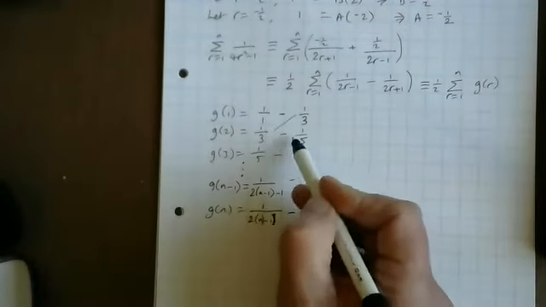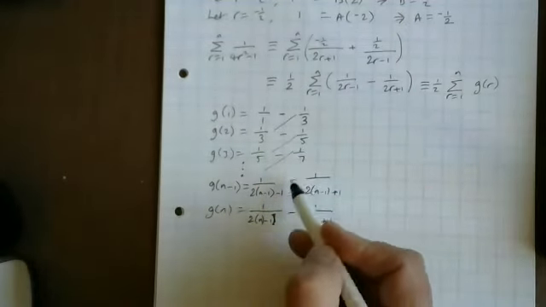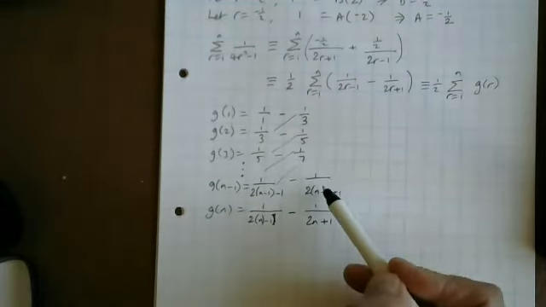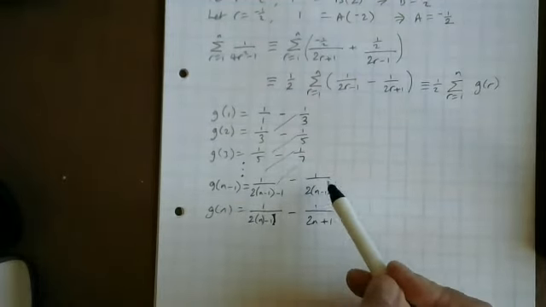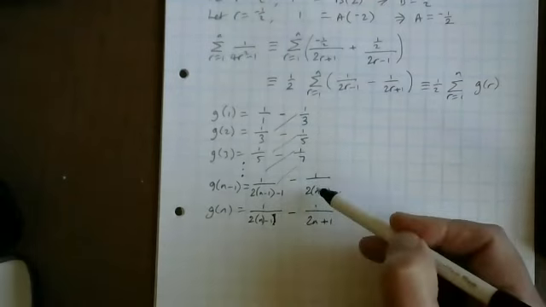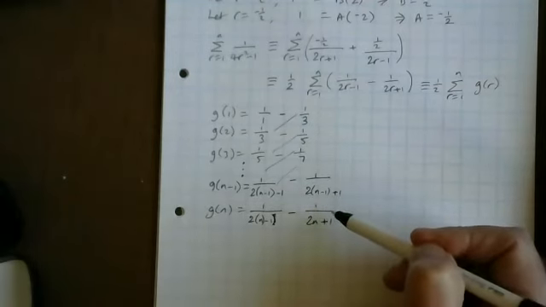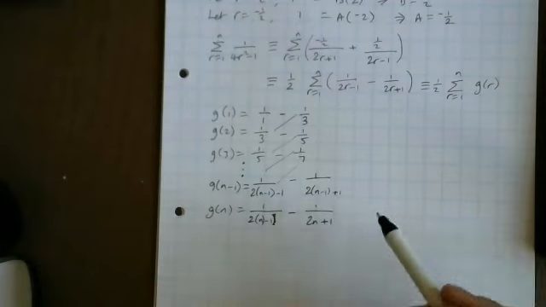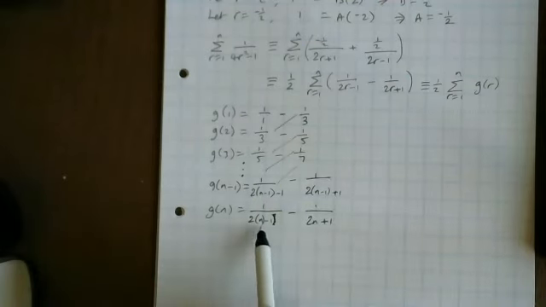This one cancels, this one cancels, this one cancels, and they keep cancelling all the way down. Looking at this one here, you might think that doesn't look quite the same, but it's 2n minus 2 plus 1, which is 2n minus 1. And this one here is 2n minus 1.